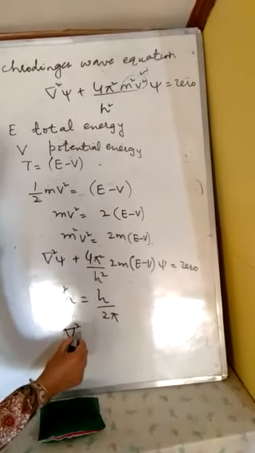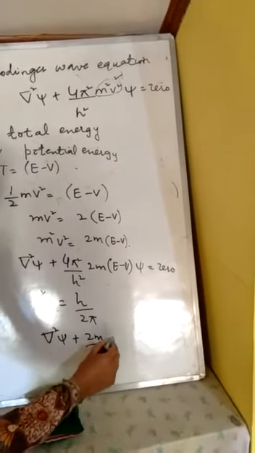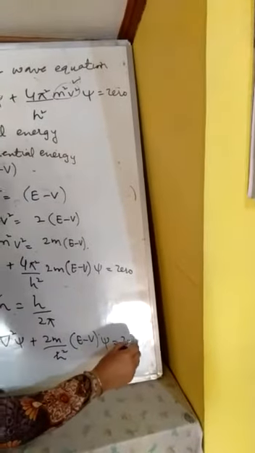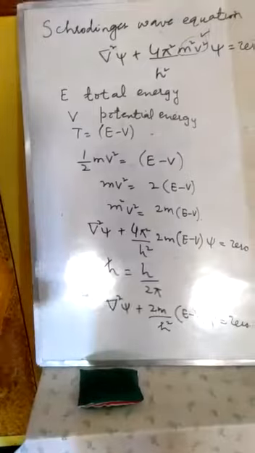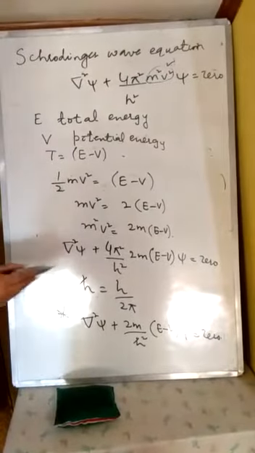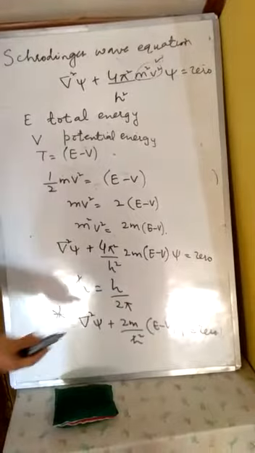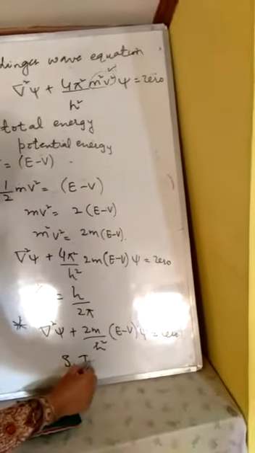Del square psi plus 2m by h cross square times E minus V, psi is equal to 0. This particular equation is called Schrodinger time independent wave equation, because the factor of time does not appear explicitly in this equation. So this is Schrodinger time independent equation.